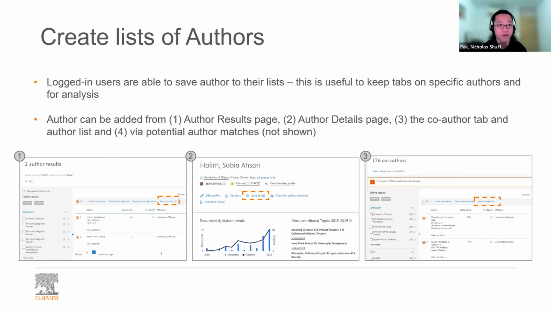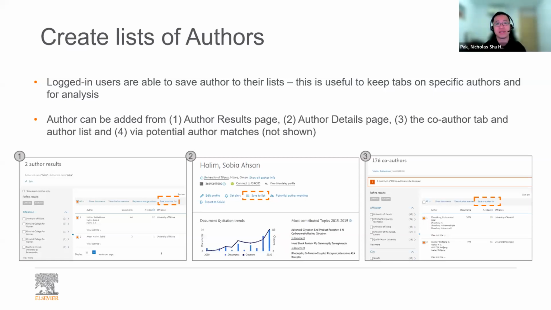It's very different from an author profile; it's a Scopus user profile, so that you can log in and save all of this to your own list, and it's useful to keep tabs on specific authors for analysis. Having a user profile also allows you to save your searches to make the entire process of searching for authors more convenient.